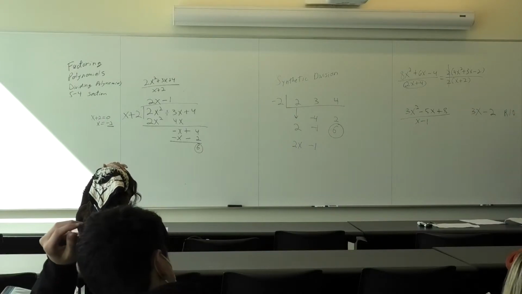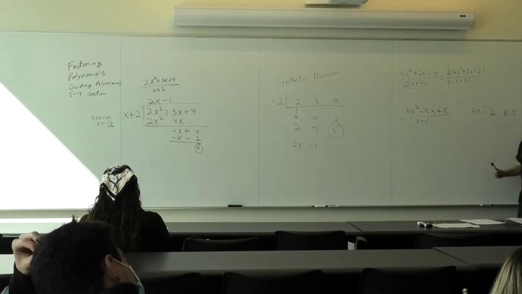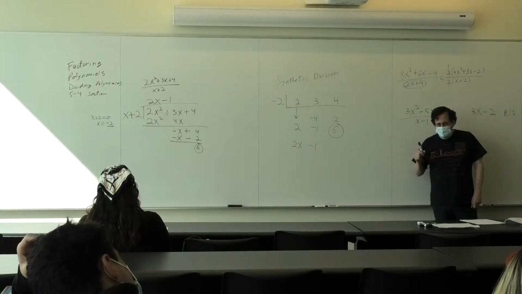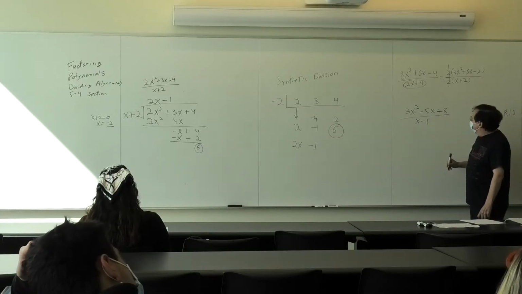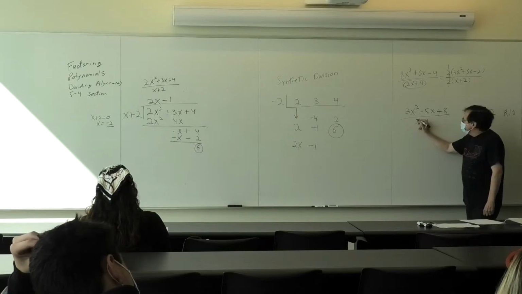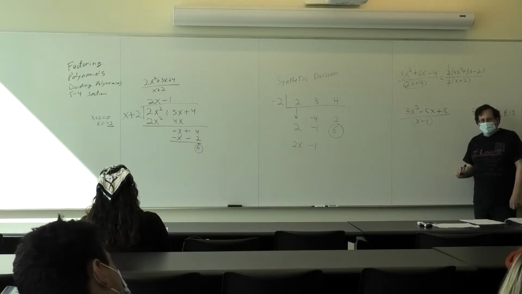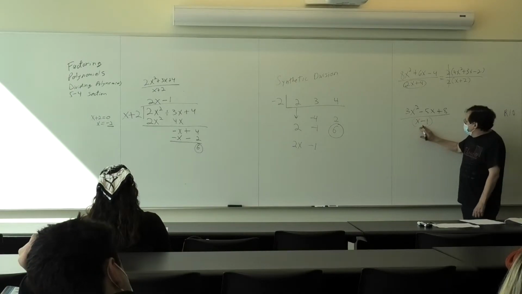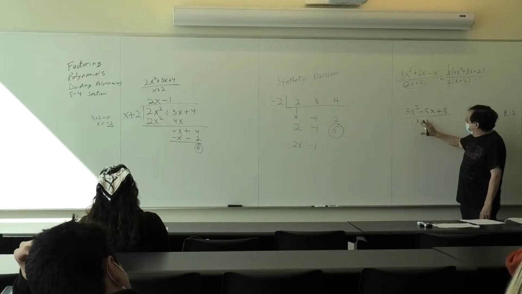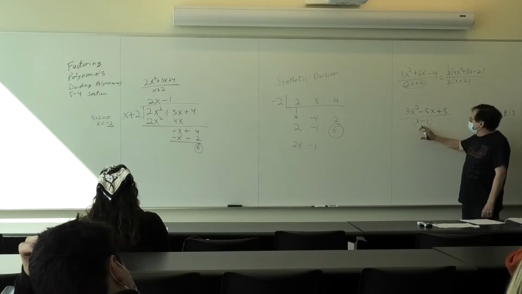Okay. Now, I'm going to show you a trick that we're going to use later to do a check. Since this is x minus 1, if this were set equal to 0, I take the root, which is 1.